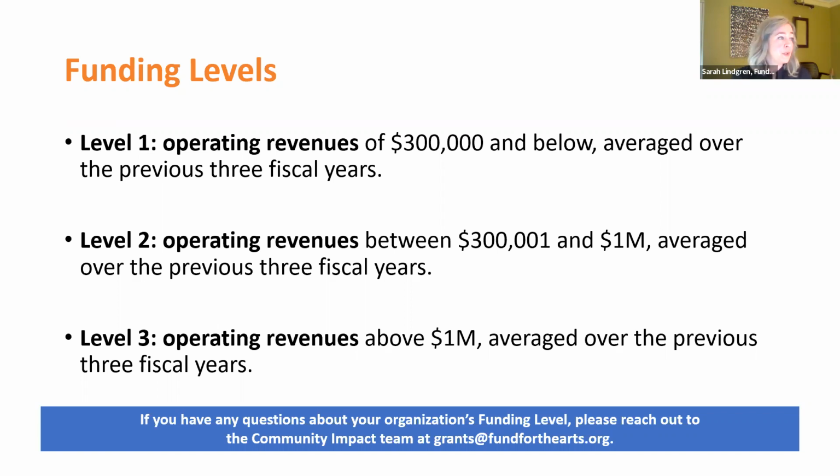Level 2 is organizations with operating budgets between $300,000 and $1 million, again, averaged over the previous 3 fiscal years. And level 3, organizations with an operating budget of $1 million or above, averaged over the previous 3 fiscal years.